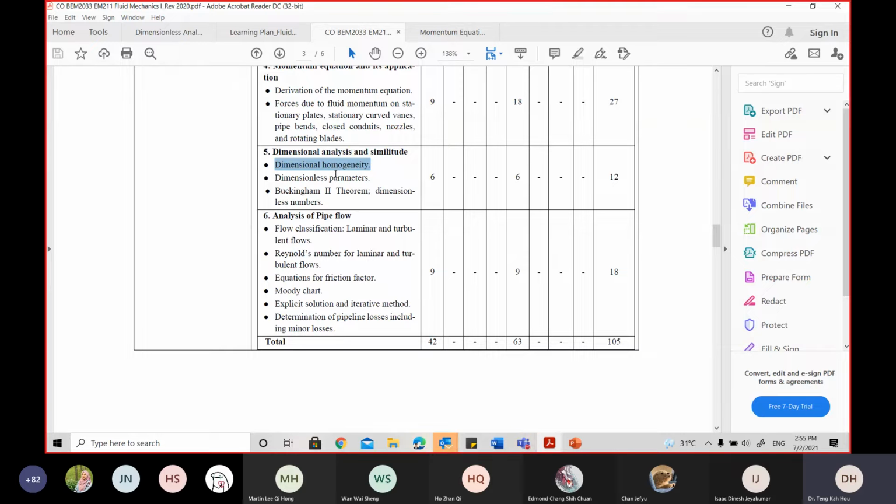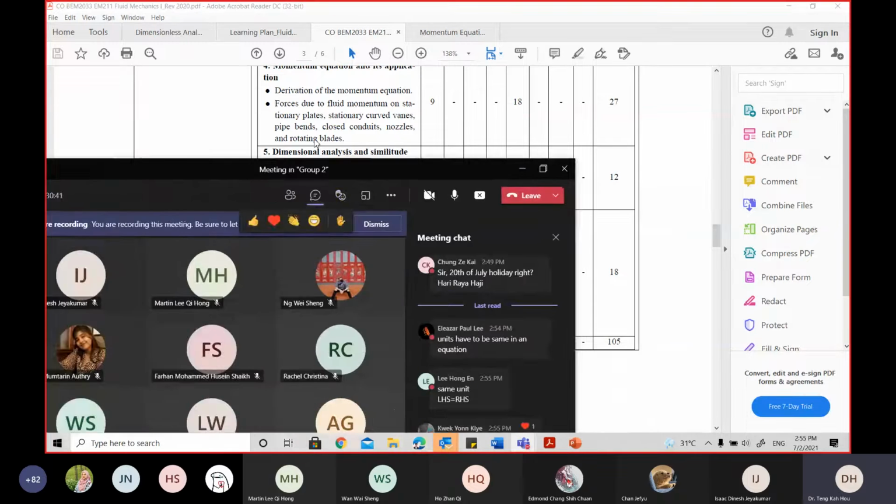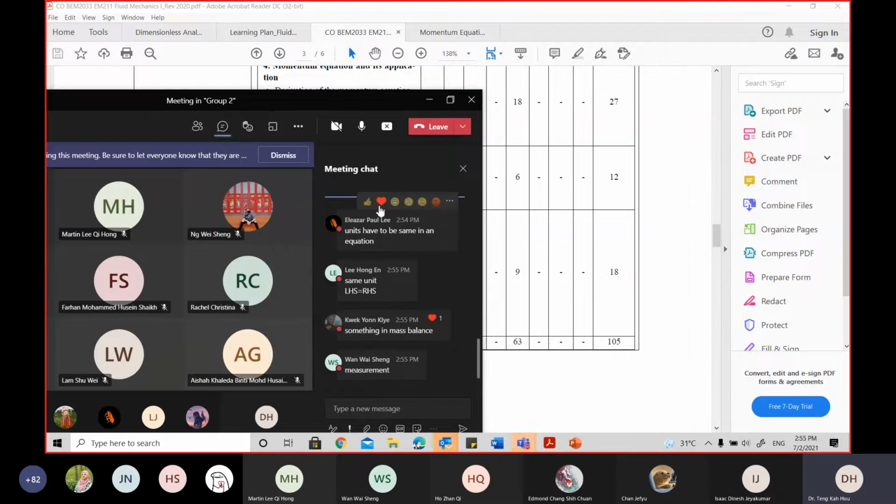And perhaps something in mass balance? Yep, that's what the concept is. That means you need to have a balance for the two. For example, like a meter. I will show you more examples later, but that's a good concept: you need to have a mass balance.